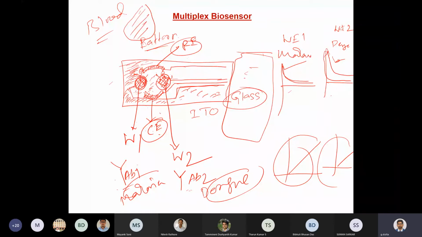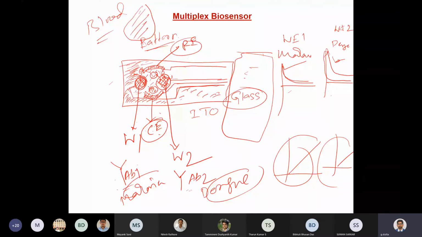Now you can increase the number of working electrodes. Maybe here another one, working 3, here working 4. At the same time, malaria, dengue, and then you can go for any other, maybe viral detection. Right now it is very important. So you can immobilize COVID-19 virus specific antibody, right?